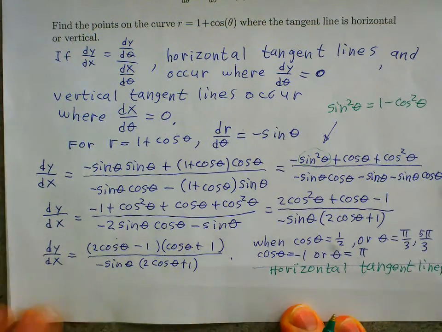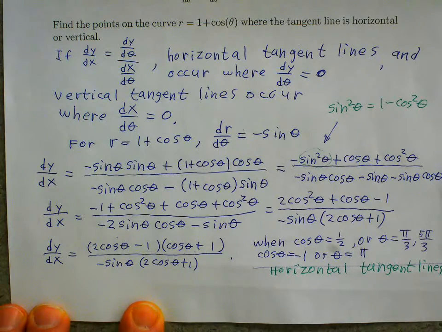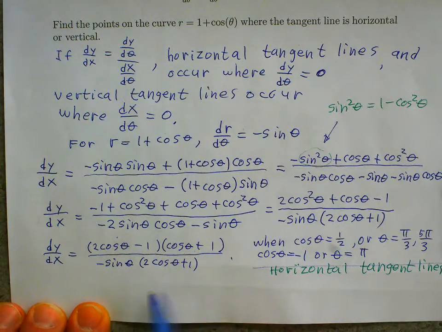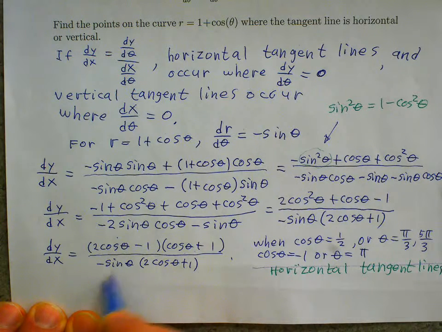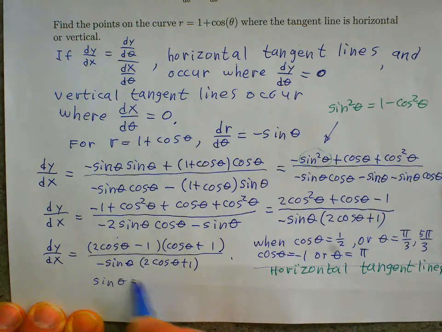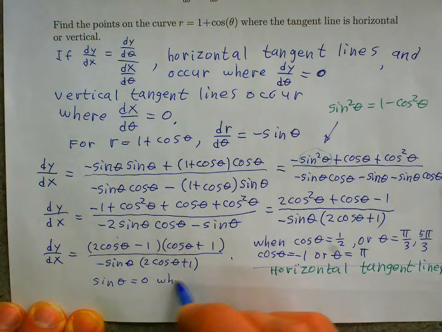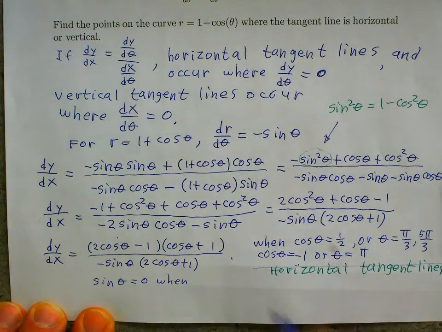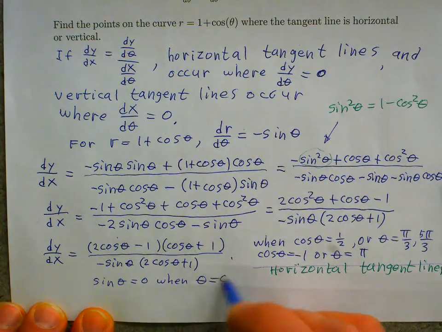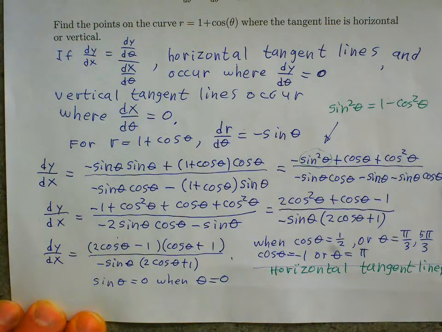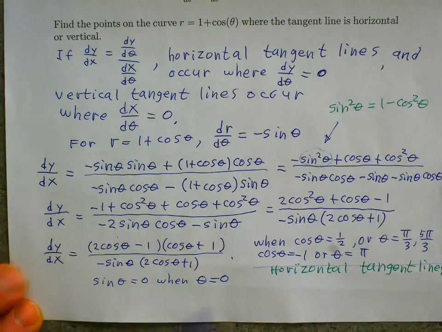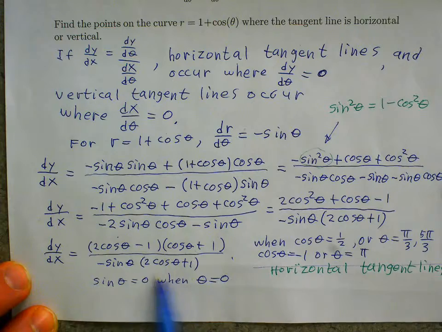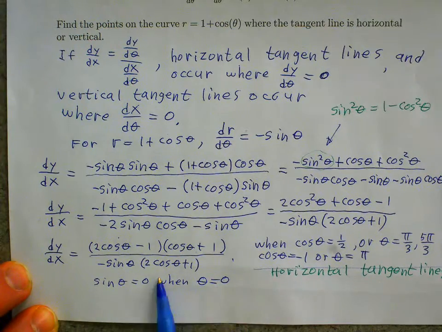And then what about vertical tangent lines? When the denominator is 0, so negative sine of theta is 0, or sine of theta is 0 when theta is 0. And other places also, we'll come back to that later perhaps.